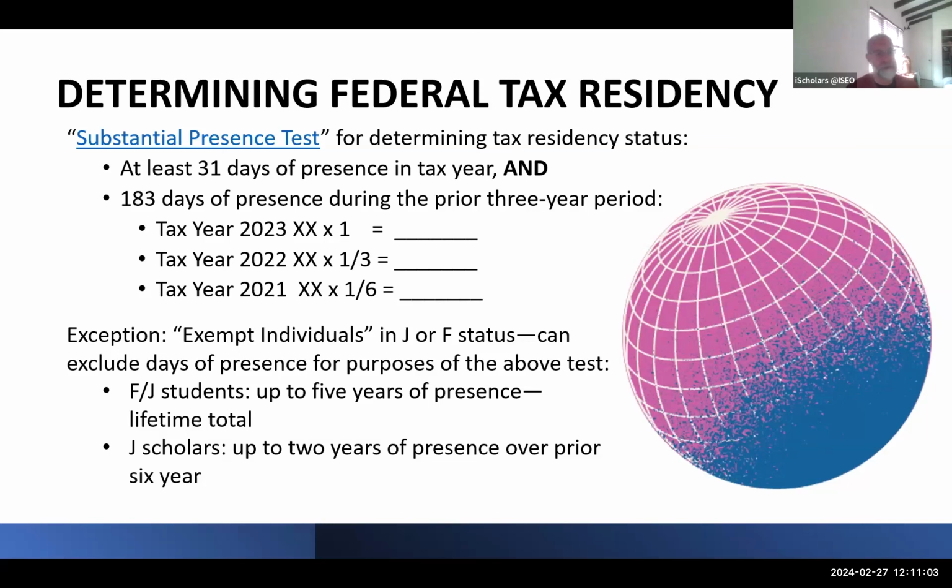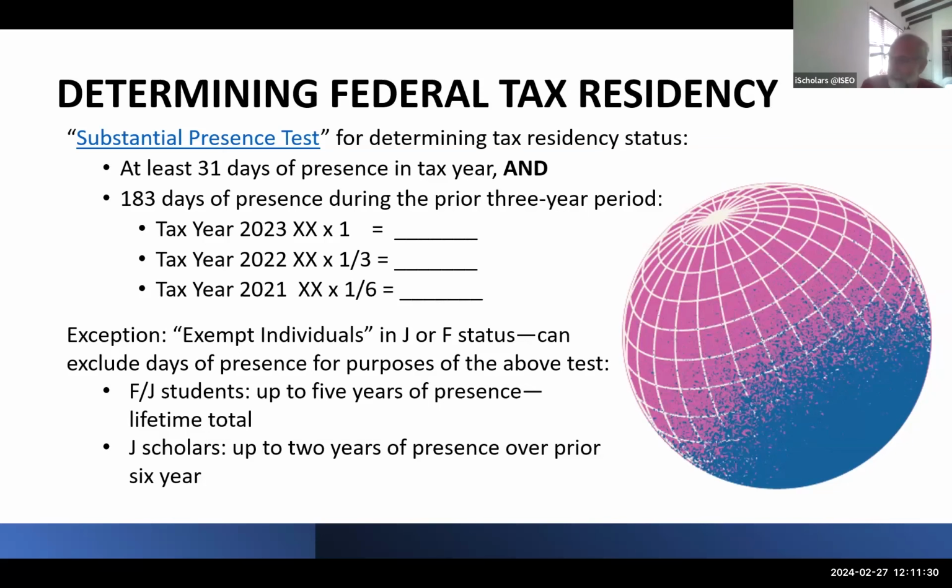So that can be very confusing for folks. Generally, we just suggest you look at your Glacier record. Those of you who are receiving payments from UC San Diego in 2023 should have a Glacier record. You can access your Glacier record, and Glacier will tell you your residency status, whether you're a resident alien or a non-resident alien.